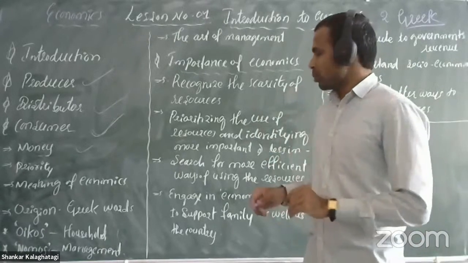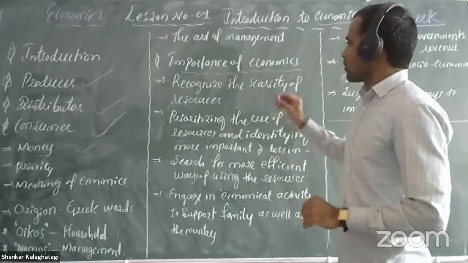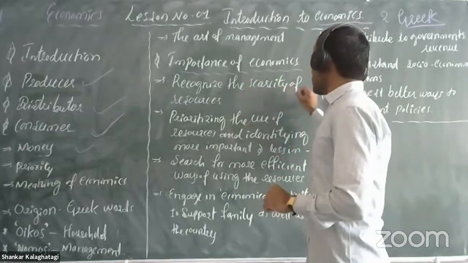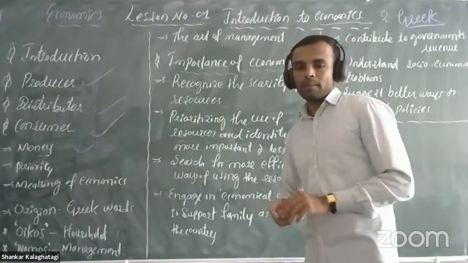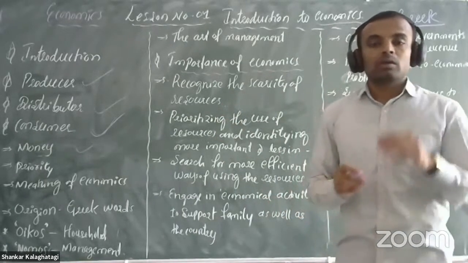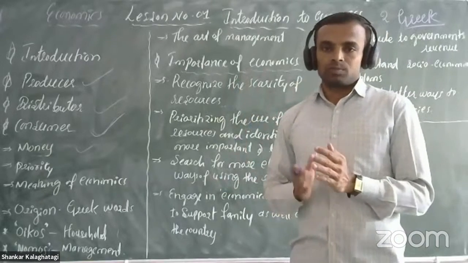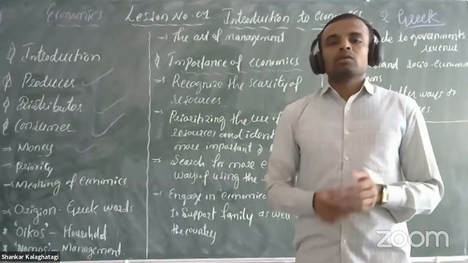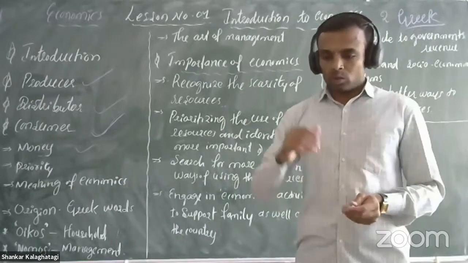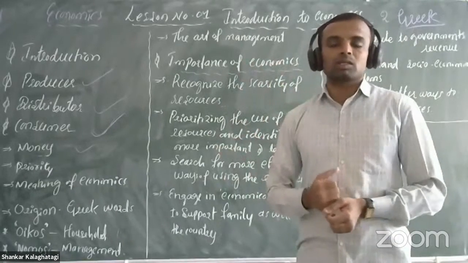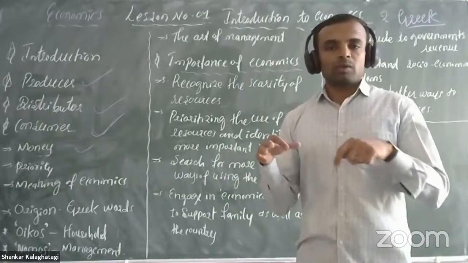Let us understand this point by point. It recognizes the scarcity of resources. Economics helps us to recognize the scarcity of resources. For example, if you suddenly decide to establish a cotton industry, it is not possible on the spot.